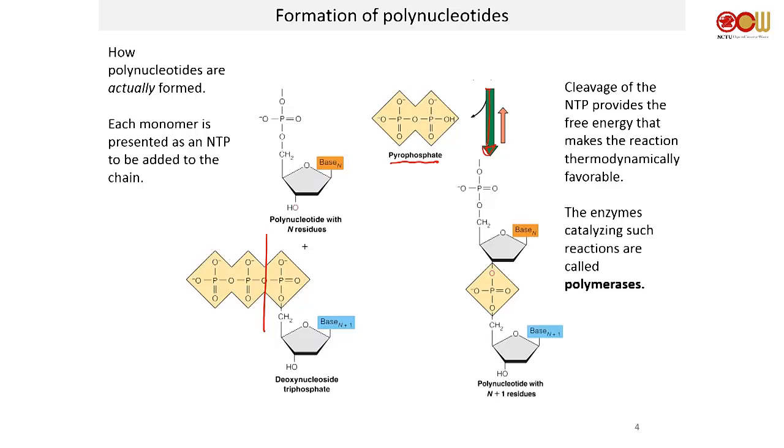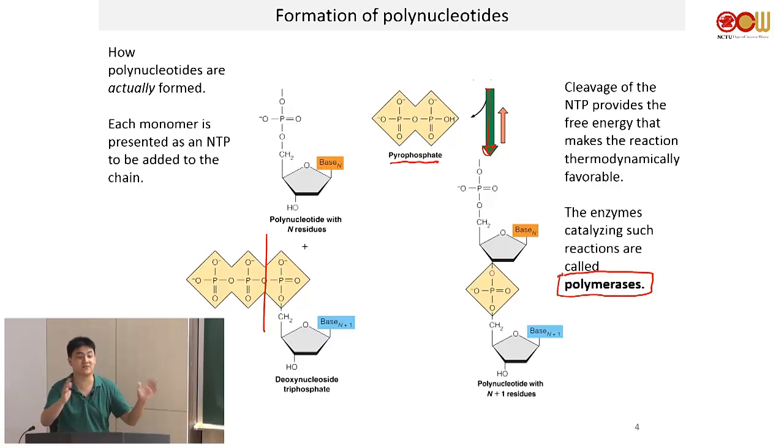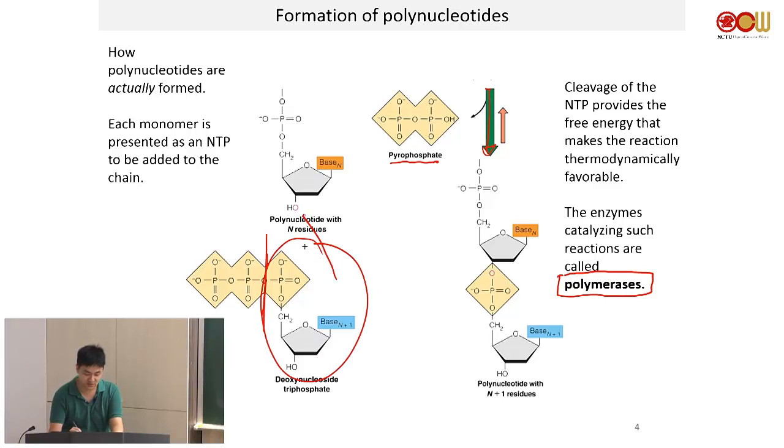So this is actually done by an enzyme, and this enzyme is called polymerase. You've got DNA polymerase, you've got RNA polymerase. There are different types of DNA polymerases and different types of RNA polymerases inside of you, but in general, those are the ones that break the bond on your triphosphates and then add the base onto here.